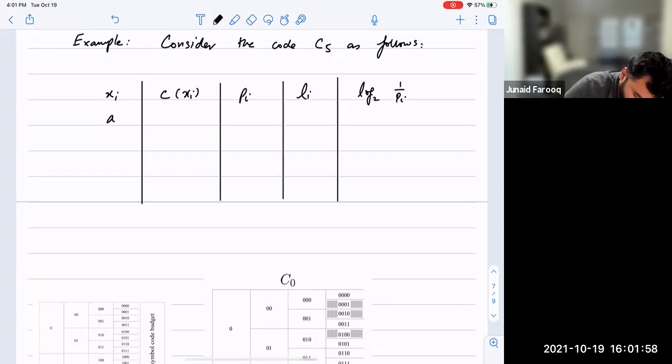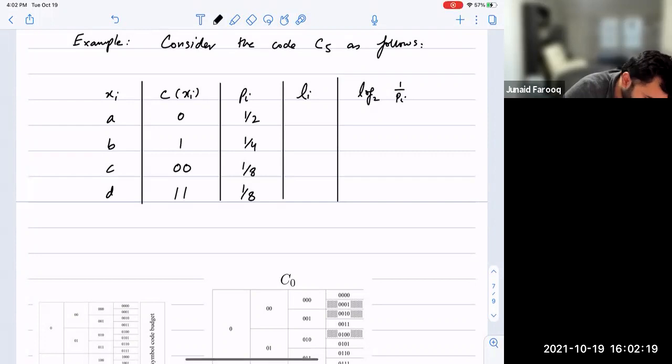Okay, so we have A, B, C, and D. And your code is 0, 1, 00, 11. Probabilities are again from the previous example. Now the lengths here are 1, 1, 2, and 2.